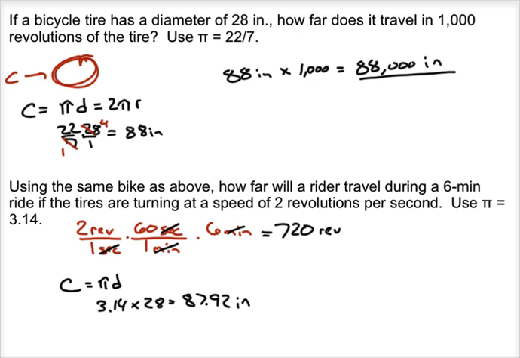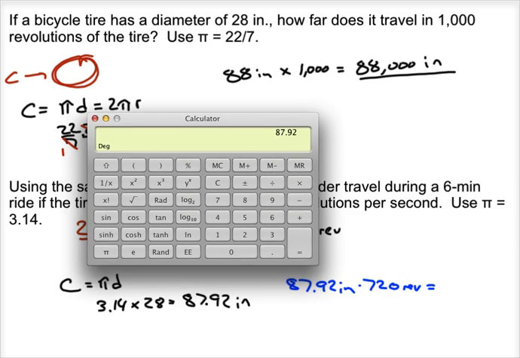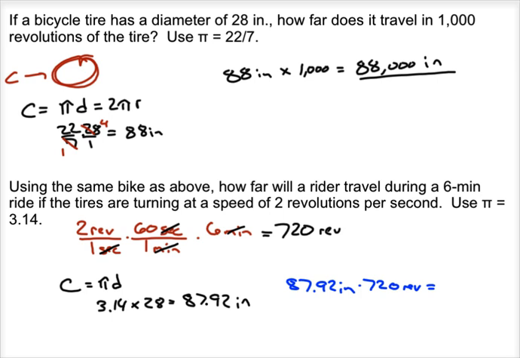Now I'm just going to take that number and multiply by 720 revolutions to get my overall distance. 87.92 times 720 is 63,302.4, and this is in inches.